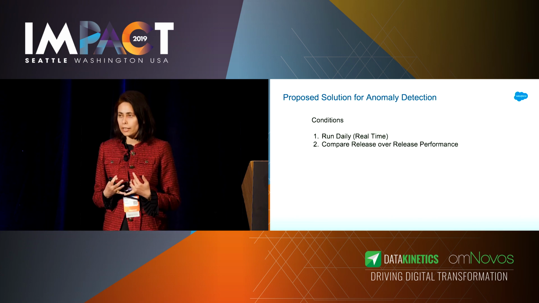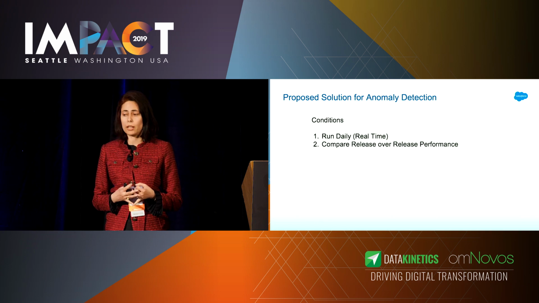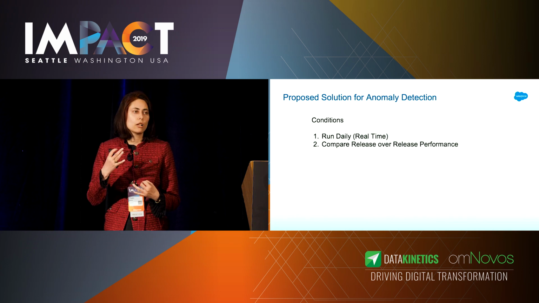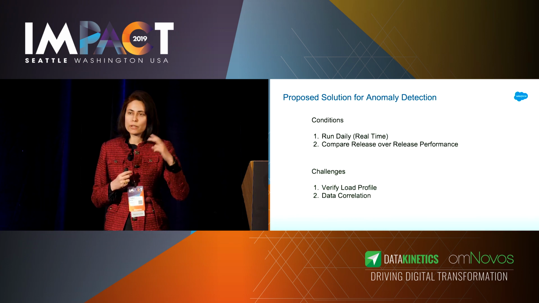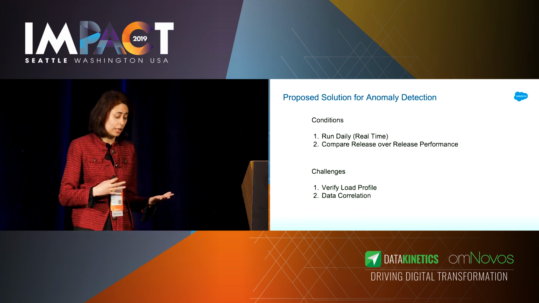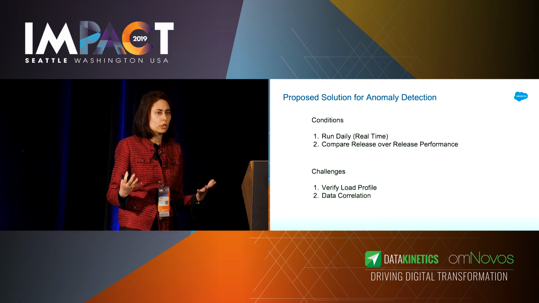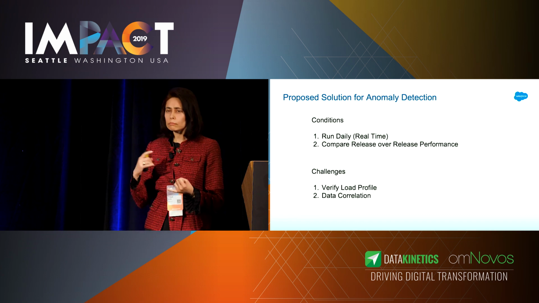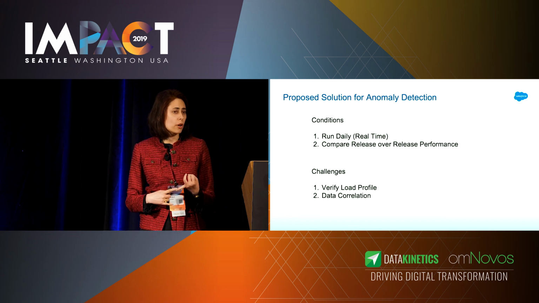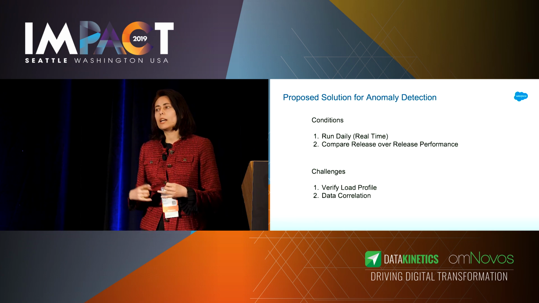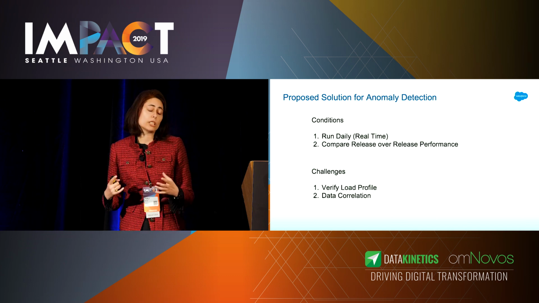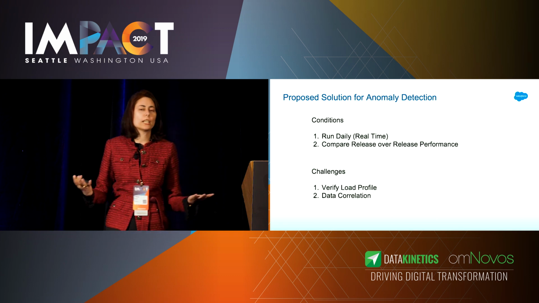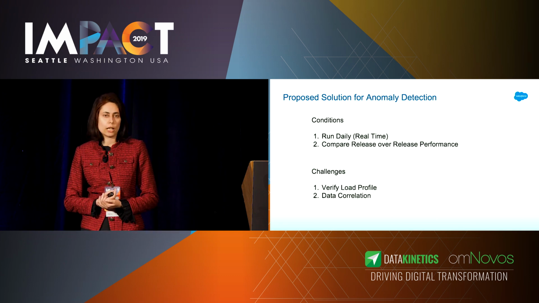It has to run daily, if possible, run real time, and then it should be able to compare performance release over release. And if you recall the 2 examples that I talked about in the beginning, my 2 biggest challenges were the manual data correlation that I was trying to do, and then every time I was trying to figure out and verify if I was seeing anomalous behavior, I was looking at the load profile for the server.